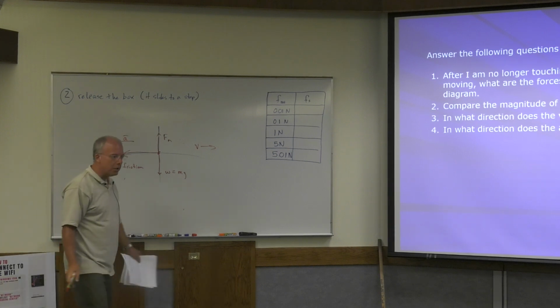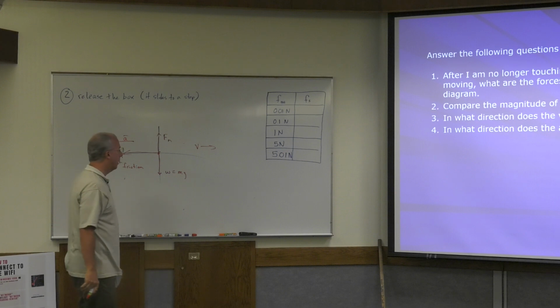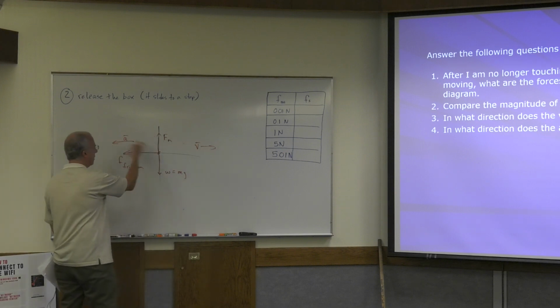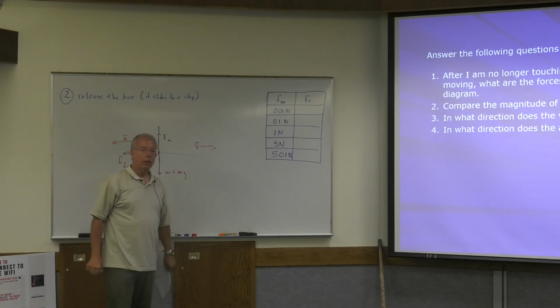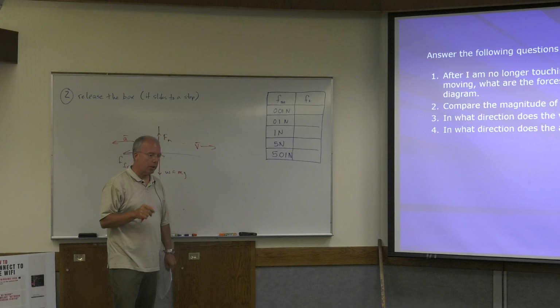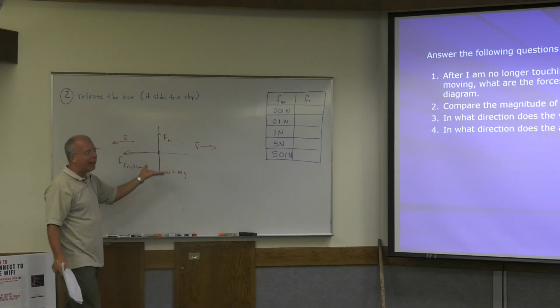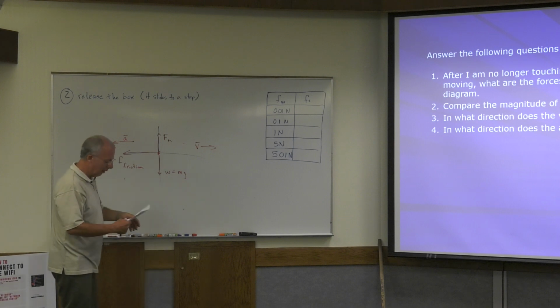Now this is cool, a good review from our earlier chapter. The velocity is that direction. The acceleration is that direction. What did we learn a long time ago? When acceleration and velocity have opposite directions, the object slows down. Isn't the object going to slow down once I let go? Yeah! So it all makes sense.